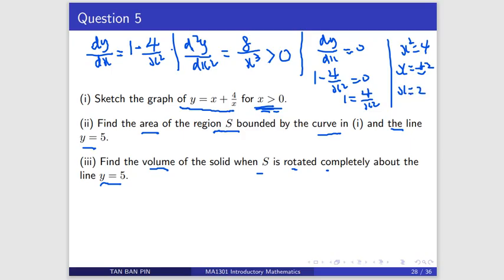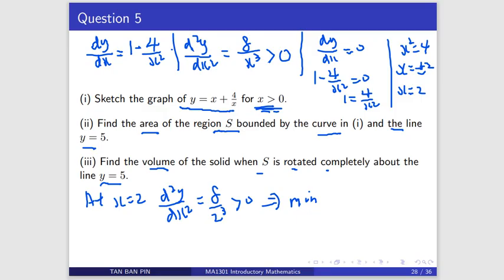At x equal to 2, d2y dx squared is 8 over 2 cubed, which is positive, so it implies a minimum point. So you have a minimum point at x equal to 2.